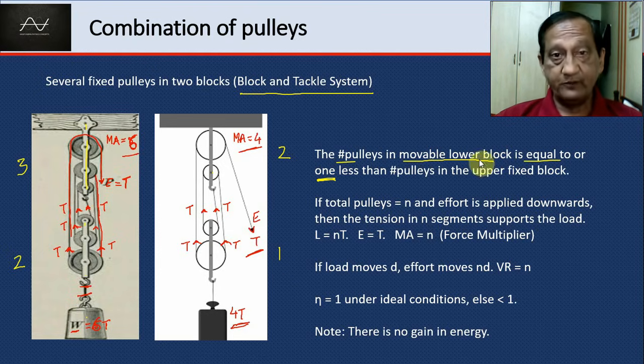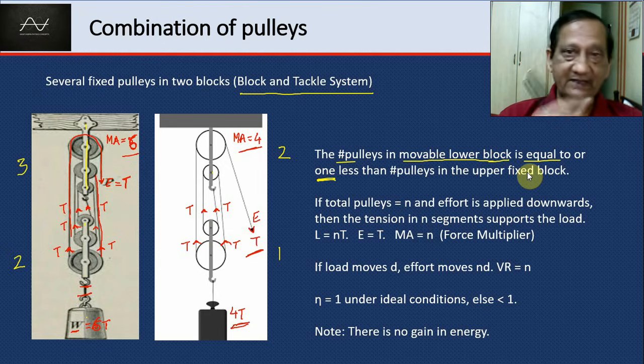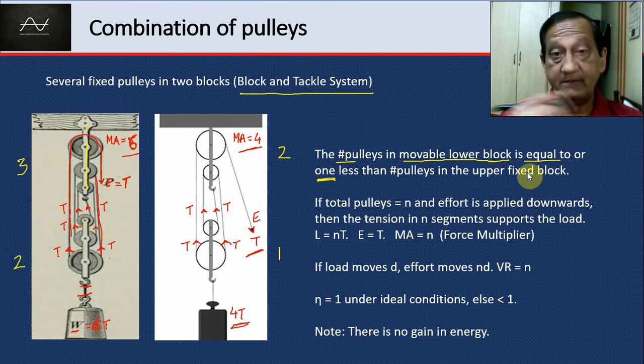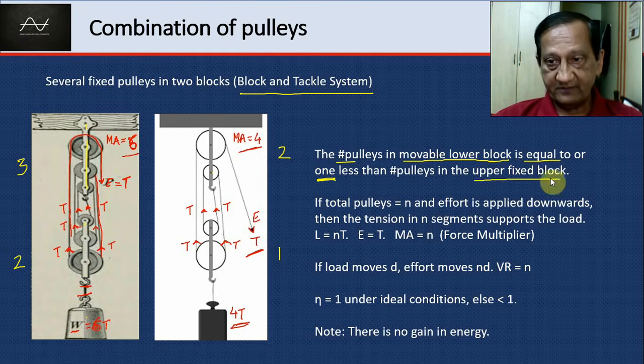So the number of pulleys in the lower movable block is equal to or one less than the number of pulleys in the upper fixed block. That is a rule, an important rule.